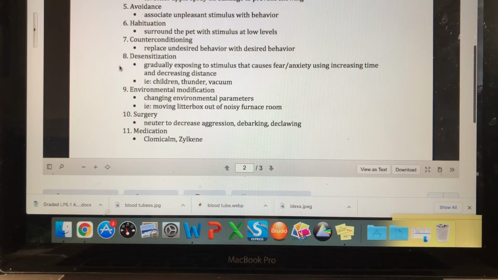Okay, so we can also use environmental modification. Environmental modification means we're changing things in the environment to give the animal the best chance of success to have good behavior. So if we have a cat that is not using their litter box, one thing I will always ask clients is, where is the litter box located?